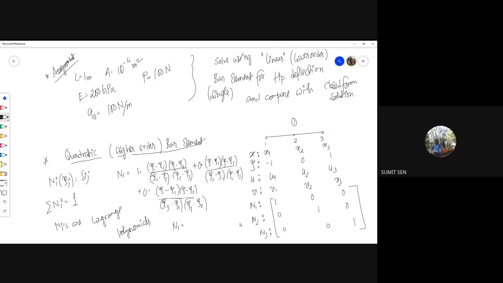The expression is xi into xi minus 1 divided by 2. Yes. So it's like minus xi, 1 minus xi, because xi is less than or equal to 1, divided by 2. Would you agree to that? Yes. Okay. So you can do the same process, this Lagrangian polynomial formulation.